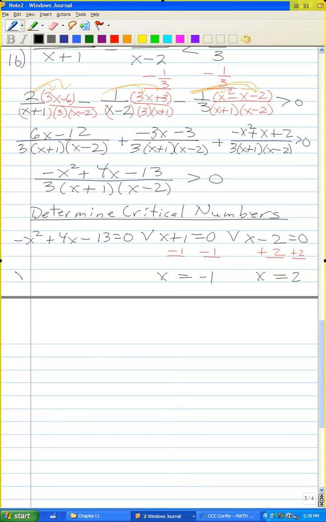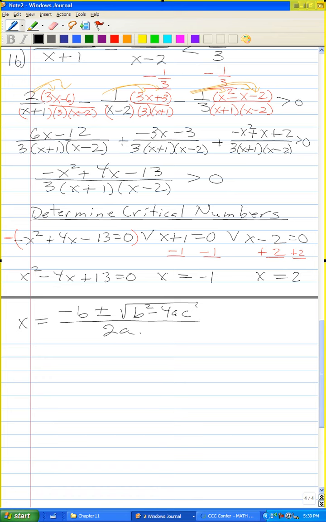In order to solve the quadratic, actually, let me do that first. Let's change all the signs. And so I get x squared minus 4x plus 13 is 0. And so let's use the quadratic formula. x equals -b plus or minus the square root of b squared minus 4ac all over 2a in order to try to solve this equation.